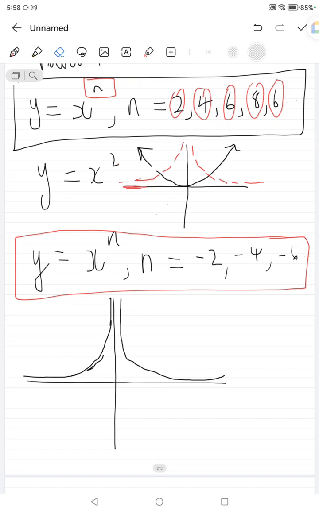You'll see your graph is going as if it's moving to this line, approaching the axis, but it will never touch it. So with this one, you can just say your domain. We're going to do it in set form.